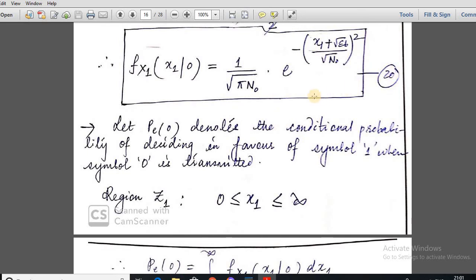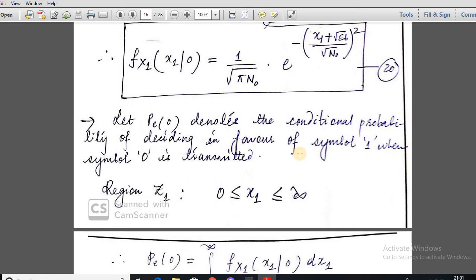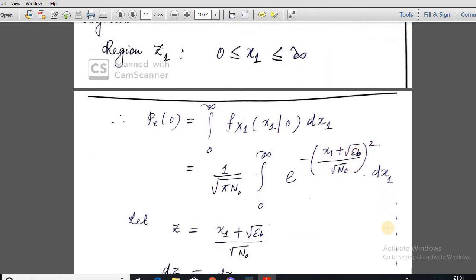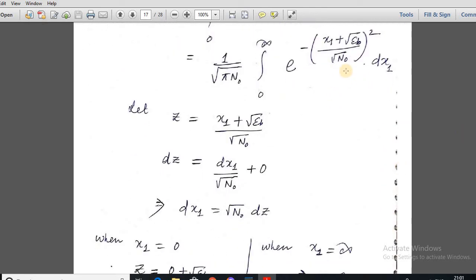Equation number 20, I am just going to rewrite or substitute equation number 20 over here. The magnitude part is taken out of the integration, and inside the integration I am left with the exponential term e to the power minus of this quantity square dx1. Let me again assume that the quantity inside is equal to z.